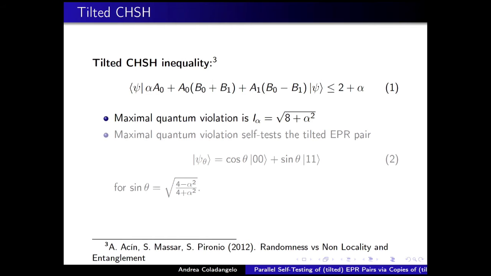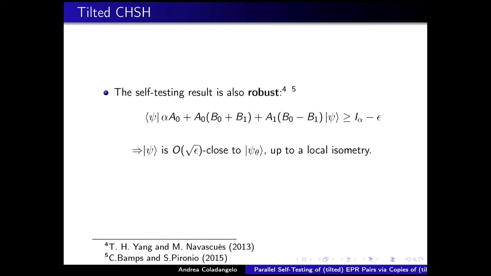And it turns out that the maximal quantum violation self-tests what we will refer to as a tilted EPR pair, psi_theta = cos theta |00> + sin theta |11>, where theta and alpha are related by this equation. And moreover, this self-testing result is robust in the sense that an epsilon-close to maximal violation means that psi has to be order square root of epsilon close to the tilted EPR pair, up to a local isometry.